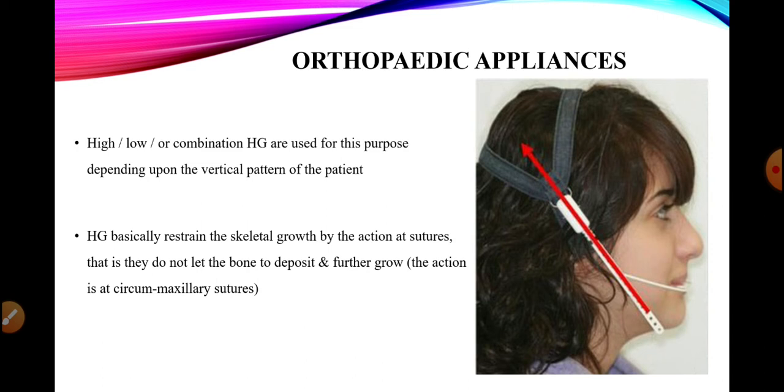It doesn't let the bone deposit at the circummaxillary, at the posterior superior sutures, and it doesn't let the maxilla grow further in a forward dimension. Therefore, headgear restrains the skeletal growth by its action at the sutures, that is, it doesn't let the bone deposit and grow further, and it acts majorly on the circummaxillary and the posterior superior sutures, restraining the growth of the maxilla.